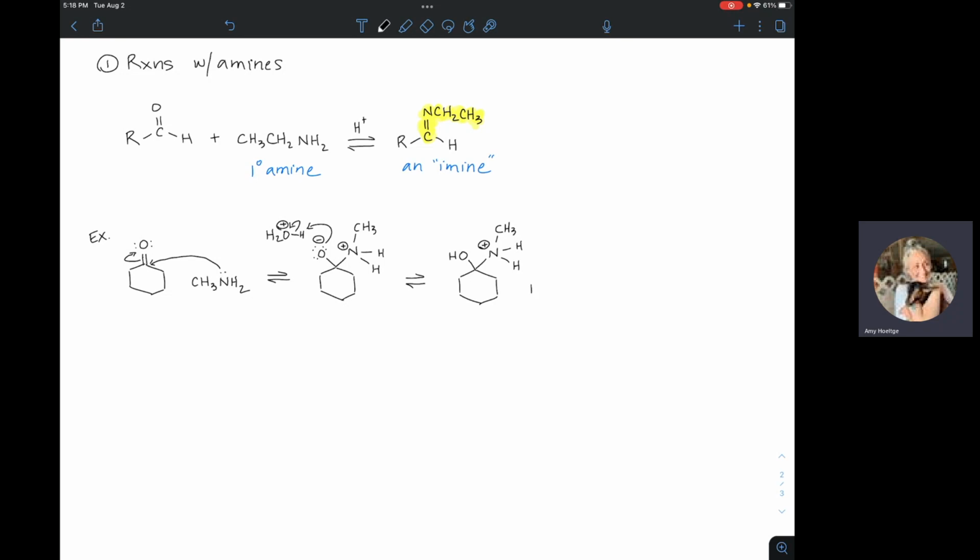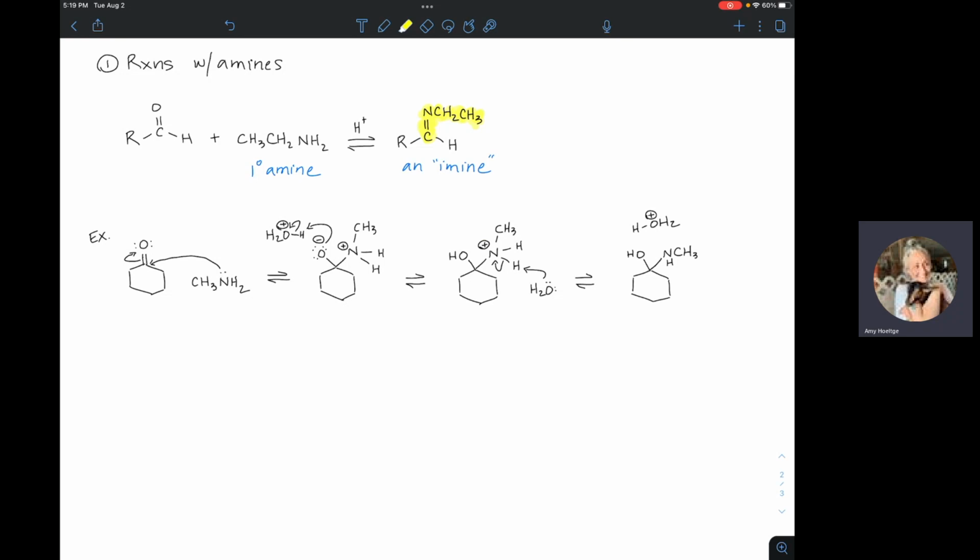It's protonated. You got water floating around now. I'm going to deprotonate the nitrogen. I have the neutral tetrahedral intermediate. Remember, you get that as the second one. We have acid back because we just used the water to deprotonate the nitrogen.